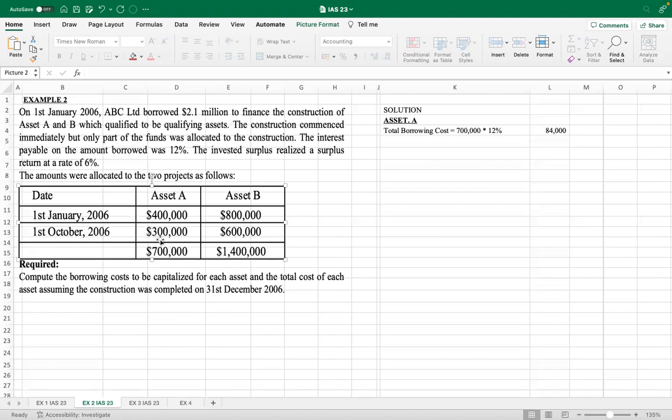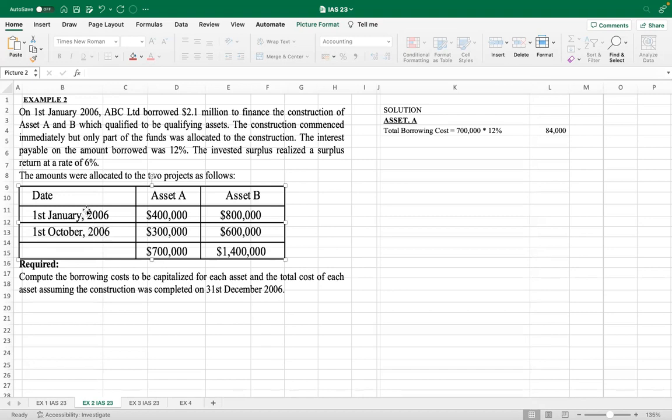Let me be very slow so that you get it. On 1st January, we only used 400,000 out of 700,000. The remaining 300,000 was to be used on 1st October.